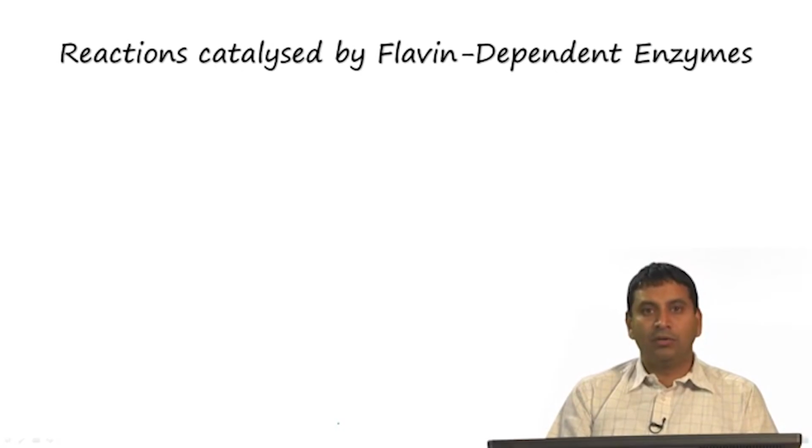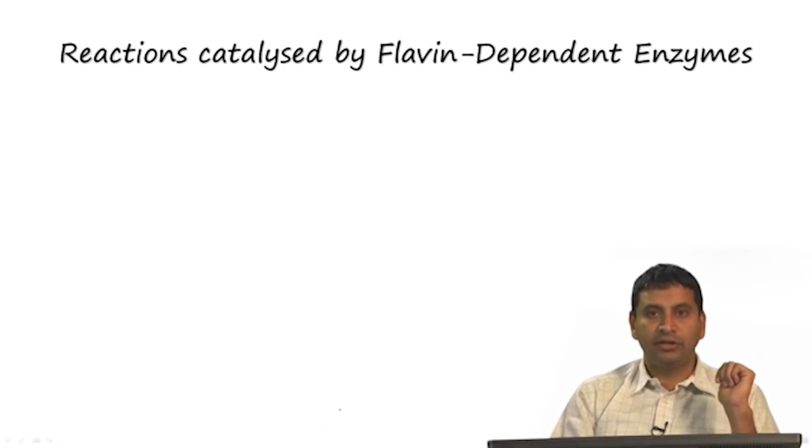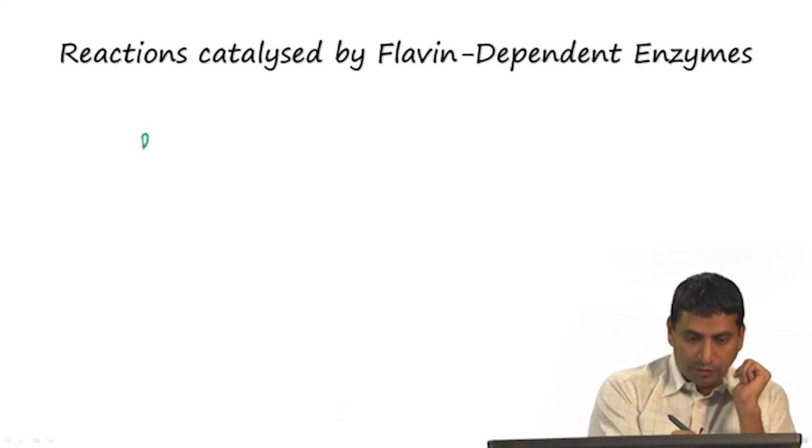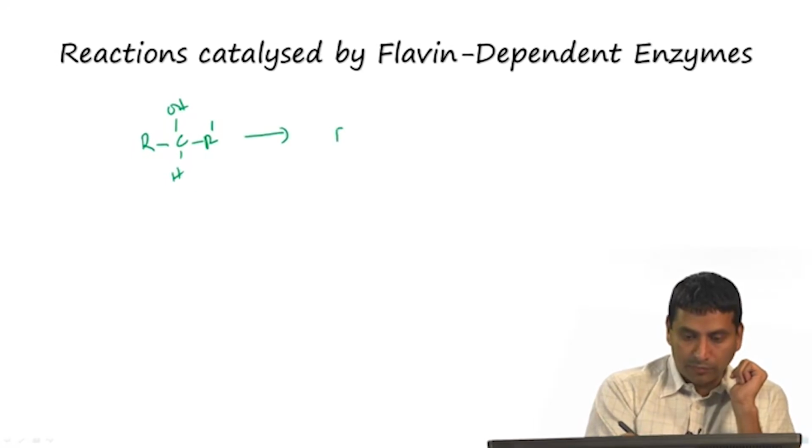Now, there are a number of reactions that are catalyzed by flavin dependent enzymes. Let us look at some of these. The first example that we are going to look at is RCOH, which is an alcohol, going to a ketone.